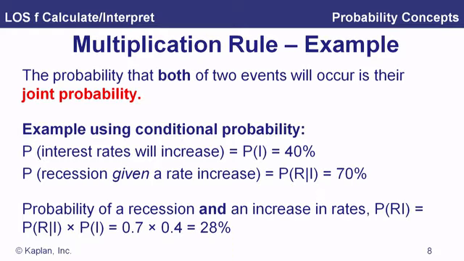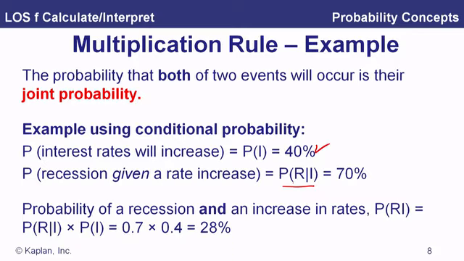So let's take a look at an example of our multiplication rule. The probability that both of two events will occur, their joint probability. So we've got a probability here that interest rates will increase, and we're calling that event I for increase in interest rates. So the probability of an increase is 40%. And we're given the conditional probability, the probability of a recession given that interest rates increase, is 70%.